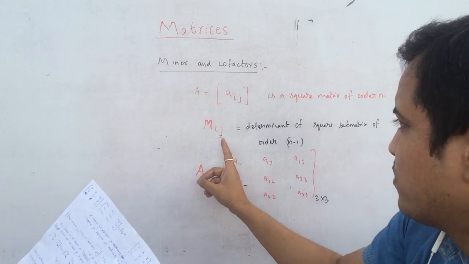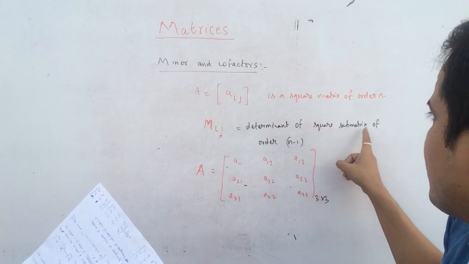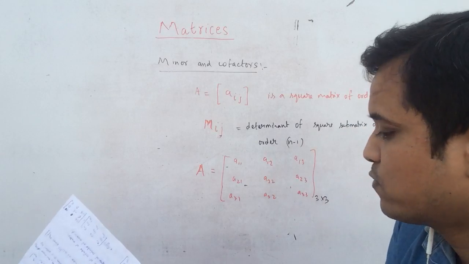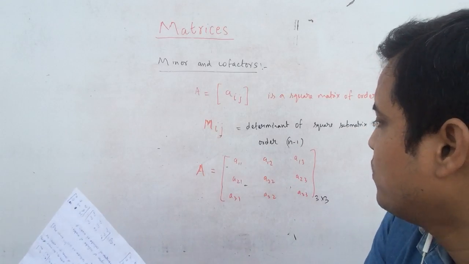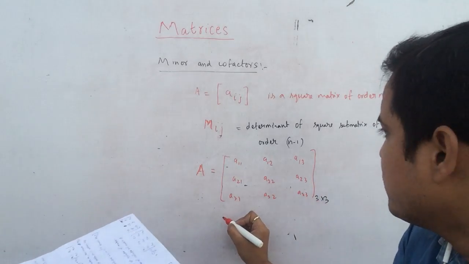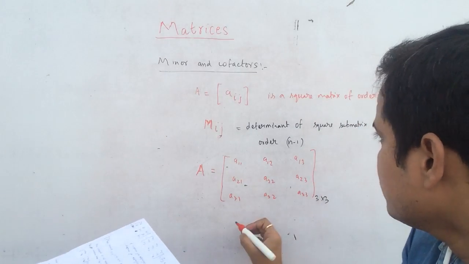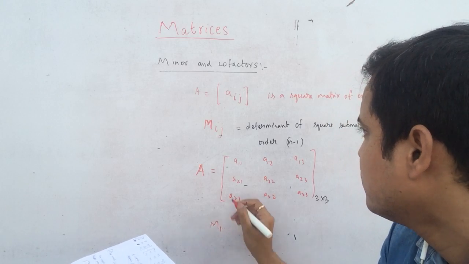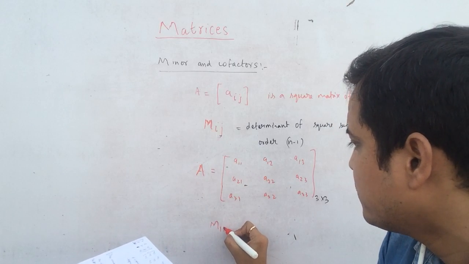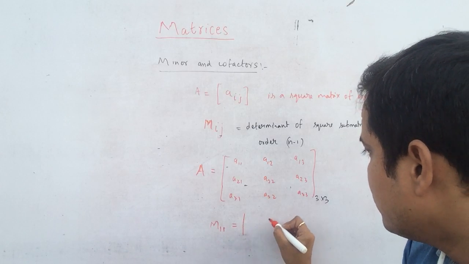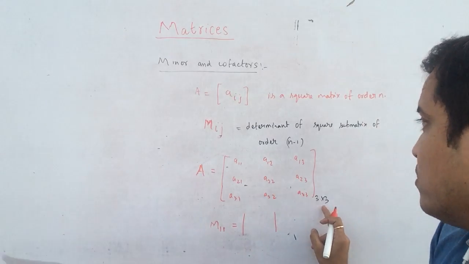It is the determinant of the square submatrix of order n minus 1. If you want to find M11, it would be a determinant of order n minus 1.